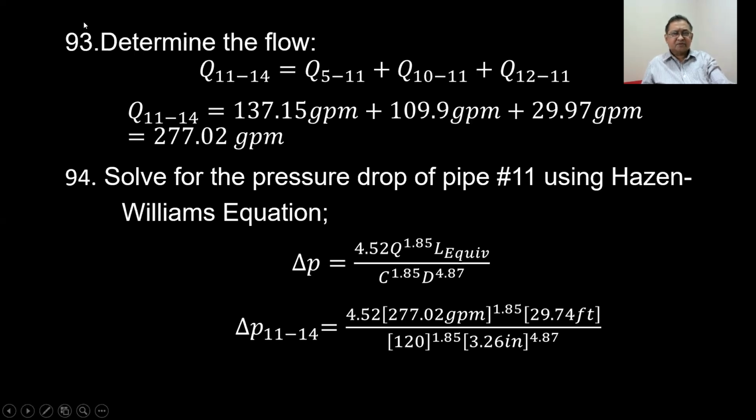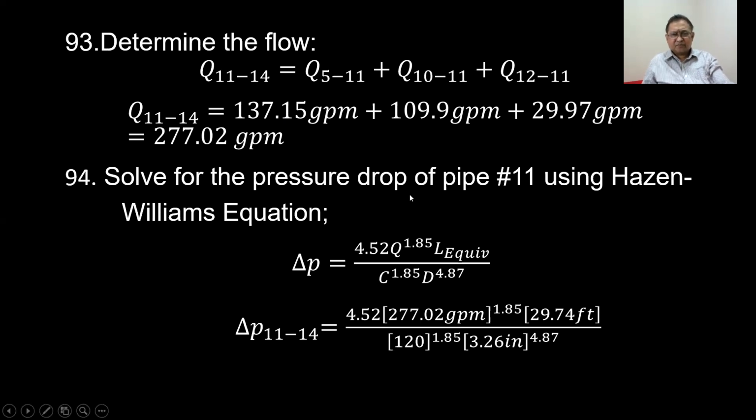So the next step is to determine the flow from node 11 to node 14. So we add all the flows from between 5 to 11, the flow from 10 to 11, and the flow from 12 to 11. So 137.15 plus 109.9 plus 29.97, the result will be 277.02.